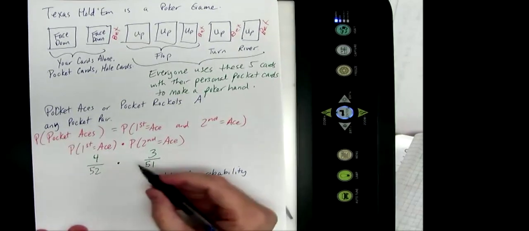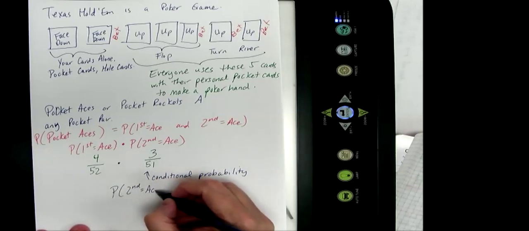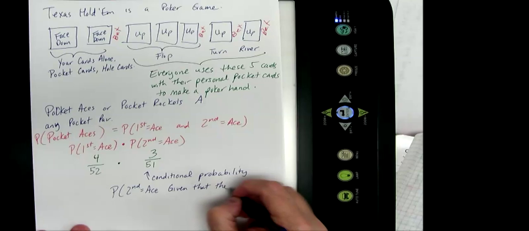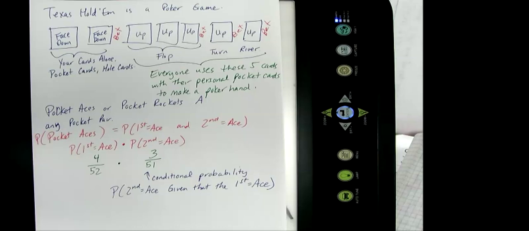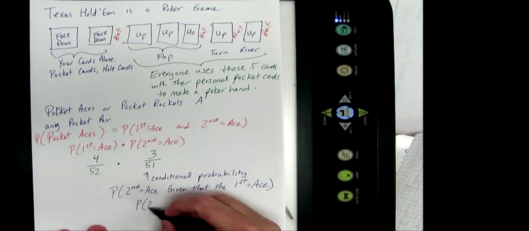The way we would write it is the probability that the second card is an ace, given that the first card was an ace. And we have a shorthand way of writing that. They don't say given that, they will do a vertical line.